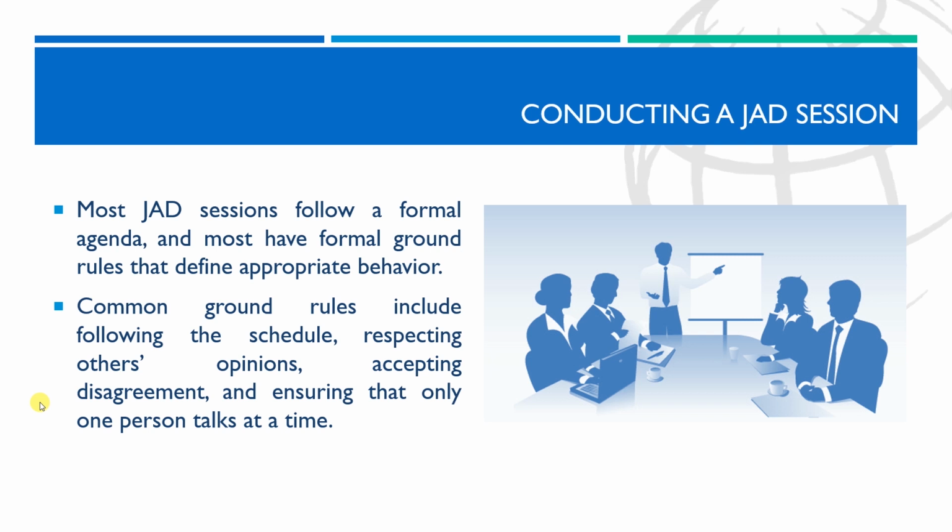First, he or she ensures that the group sticks to the agenda. The only reason to deviate from the agenda is when it becomes clear to the facilitator, the project leader, and the project sponsor that the JAD session has produced some new information that is unexpected and requires the JAD session to move in a new direction.